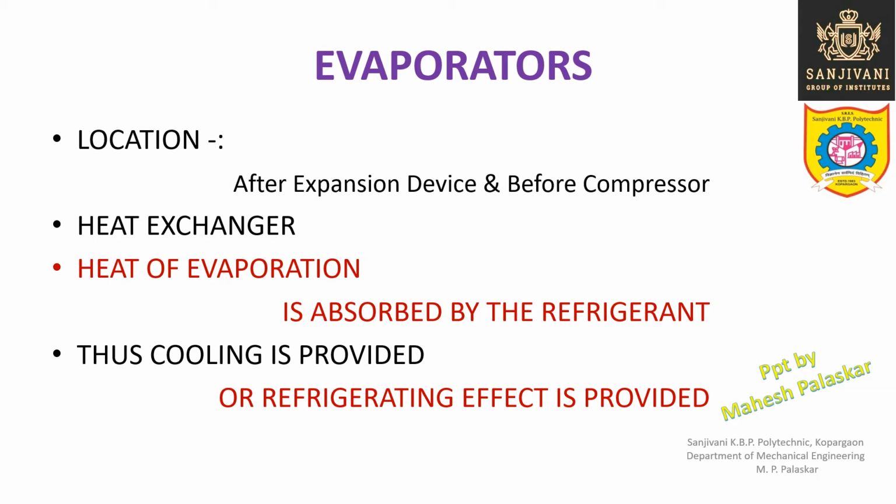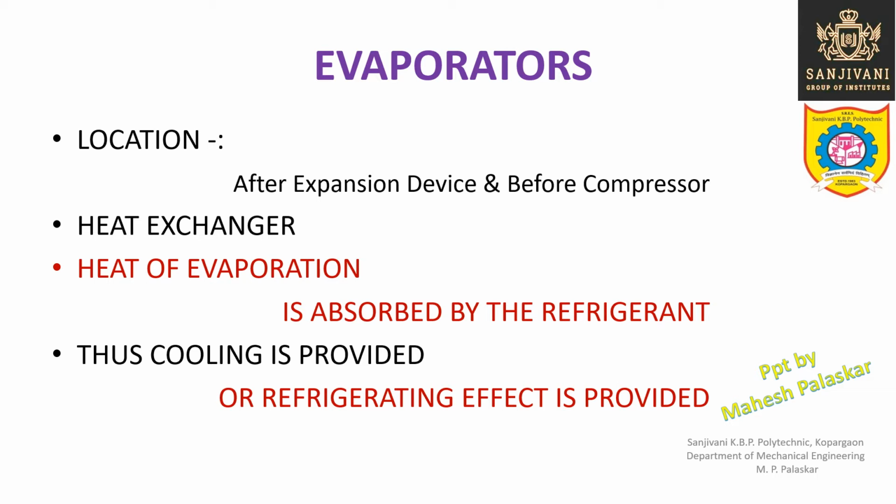So after the evaporator, accumulator may be there, and then the compressor may be there, right? So it depends upon the particular system and the particular application. But as far as the major devices are considered, the evaporator lies between the expansion device and the compressor. That is after expansion device and the compressor.